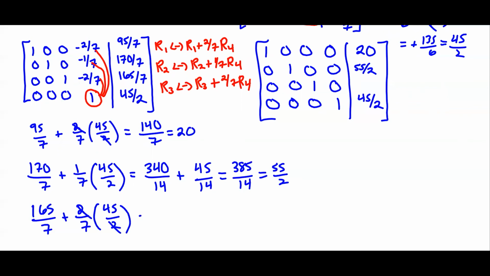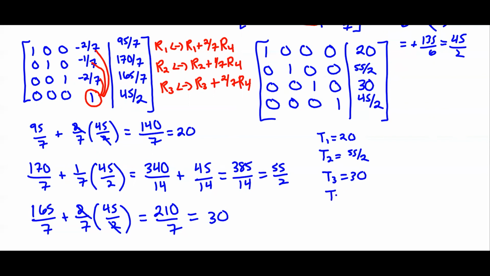These are going to cancel. 165 plus 45 is 210 over 7. That is 30. So that one turned out to be 30. So long story short, we get T1 is 20, T2 is 55 over 2, T3 is 30, T4 is 45 over 2.